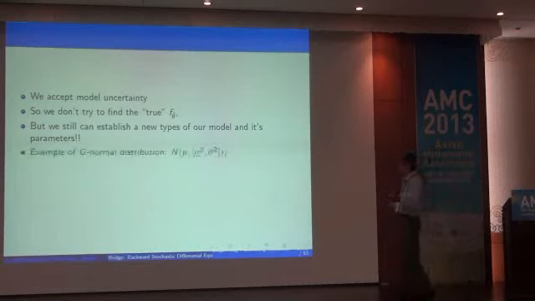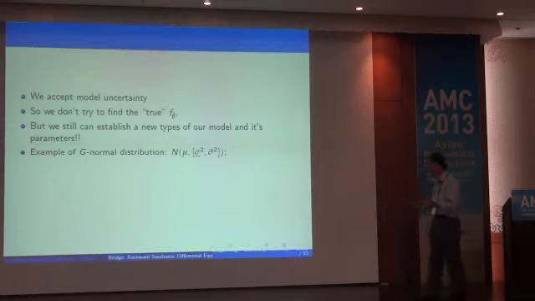We still can find, for example, the most typical model. Instead of normal distribution, we have a new distribution, which still has parameters, which still can be estimated.